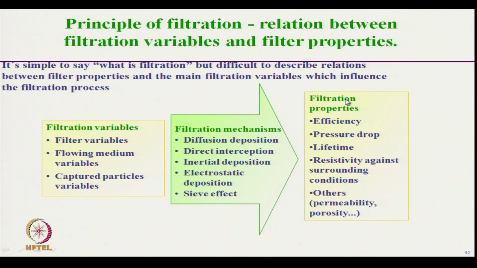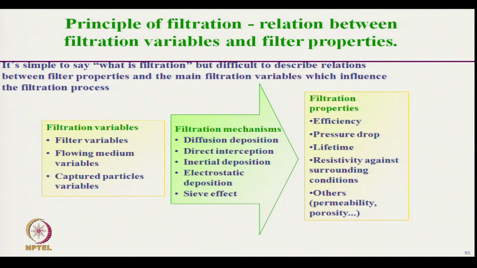So, all these parameters we must understand. For a pre-filter of any system, we must concentrate on low pressure drop. We do not need high filtration efficiency initially, it must be gradual filtration.